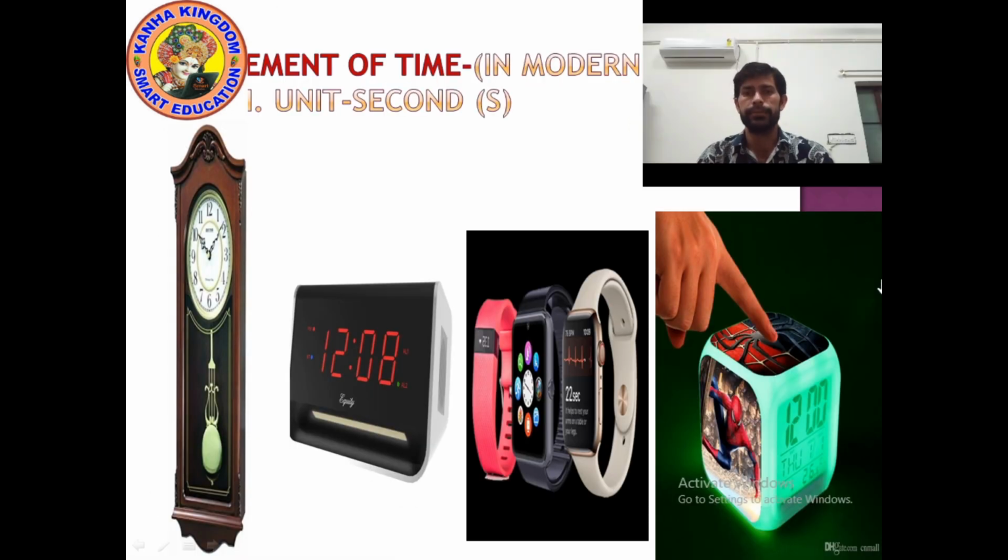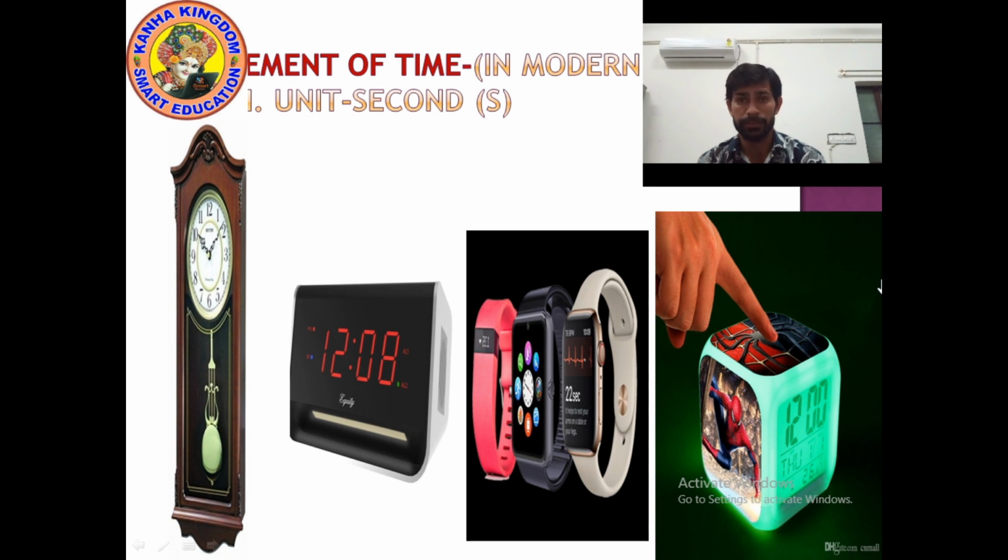So kids, we talked about the different devices used in ancient times, but now the time has changed completely. We are in a new era. We have developed completely. We use technologies. Nowadays we use different kinds of clocks and watches for measurement.